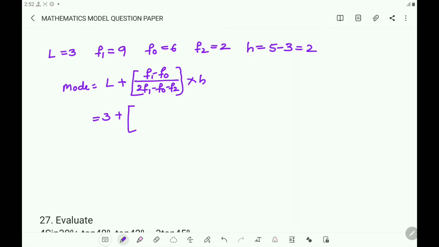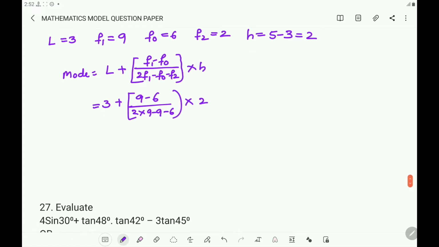What is F1? F1 is 9 minus 6, that divided by 2 into 9 minus 9 minus 6, into H is 2, that equals 3 plus 3 by 18 minus 15, into 2.